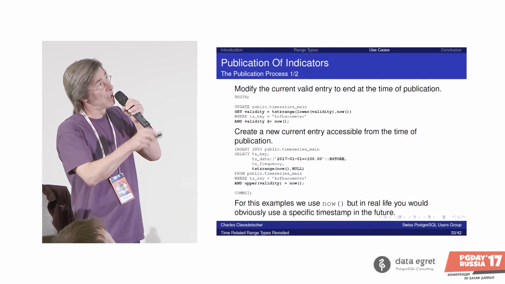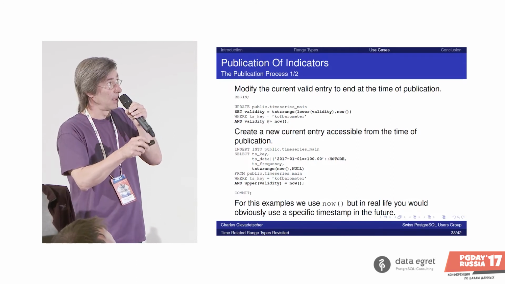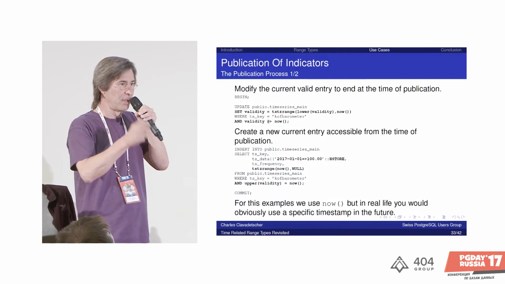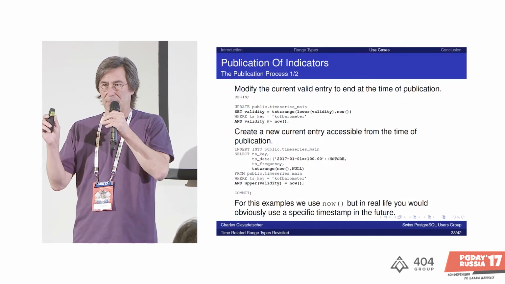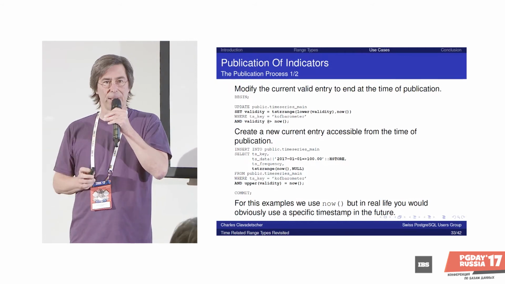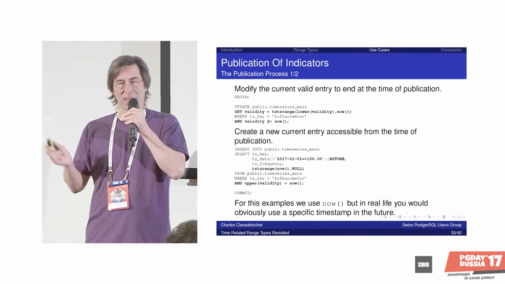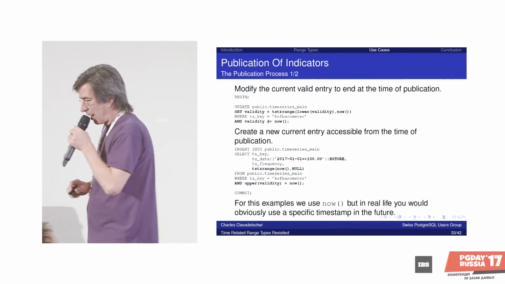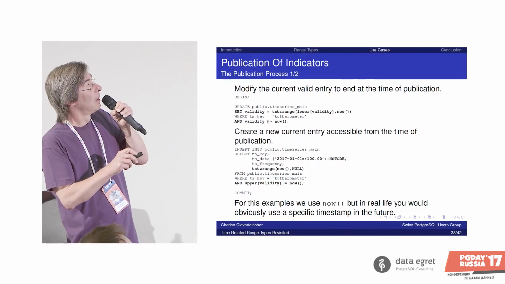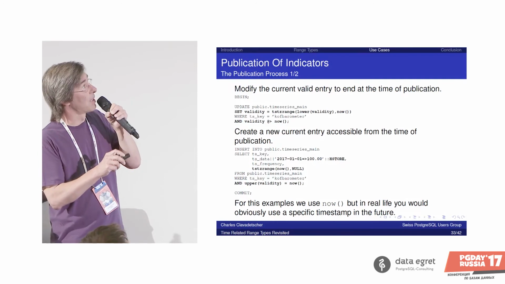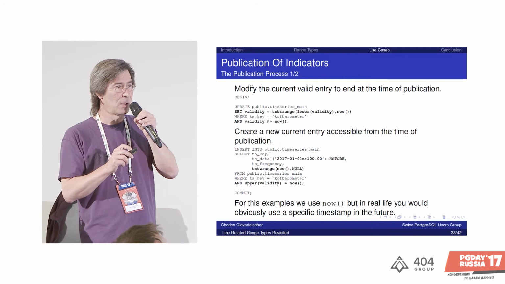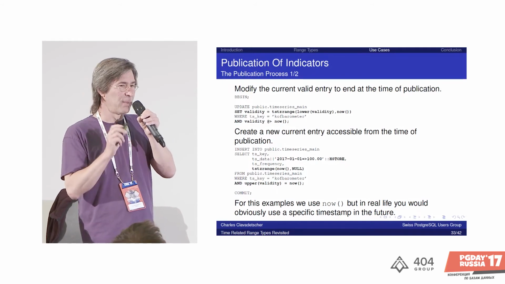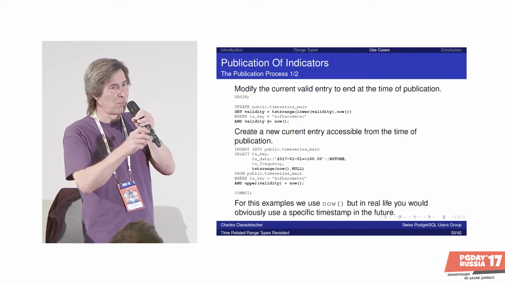Now I put this here just as an example, but you would have here, let's say, 1st of January 2017, 0900, right? With a time zone, of course. You do that in a transaction because as soon as you have changed this, the information is possibly not going to be displayed anymore, depending on what you put in there.